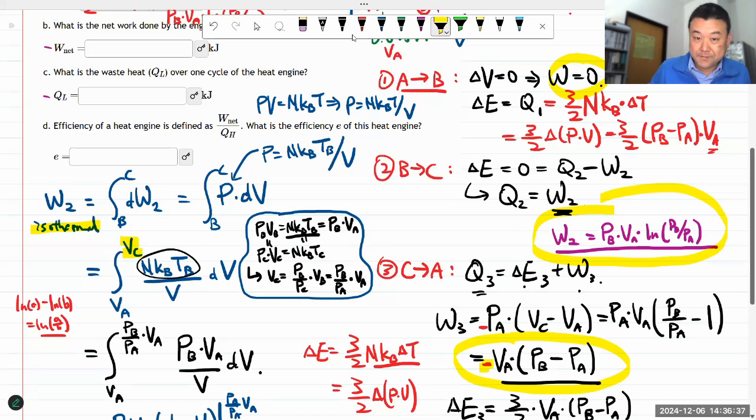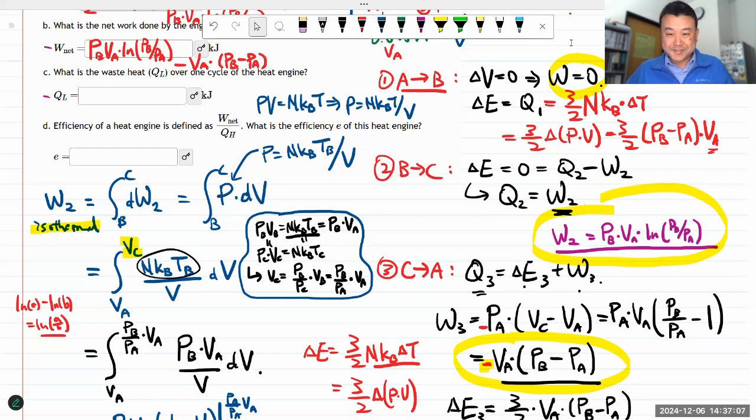So remembering the minus sign, the work being done in the entire cycle is W equals PB VA times natural log of PB over PA, and then minus the positive quantity VA times (PB minus PA). And again, it won't really simplify.